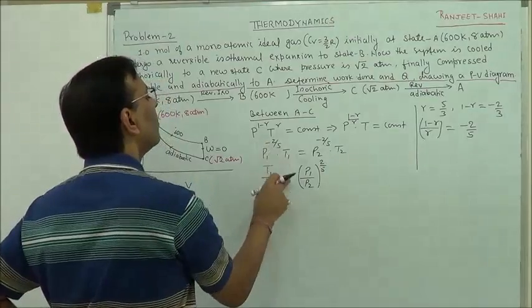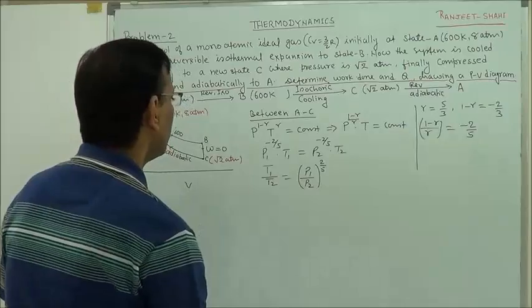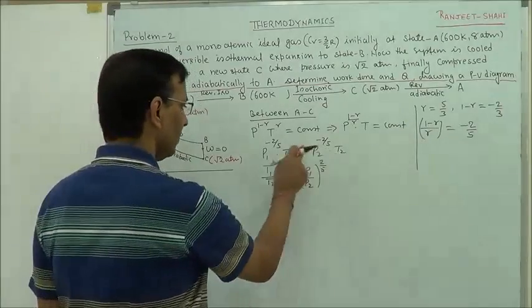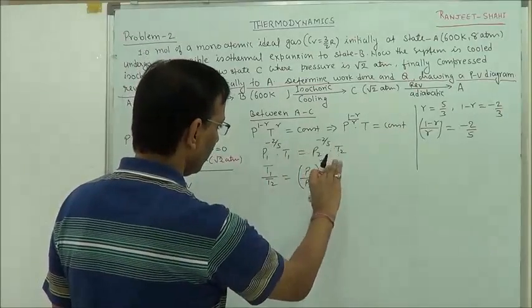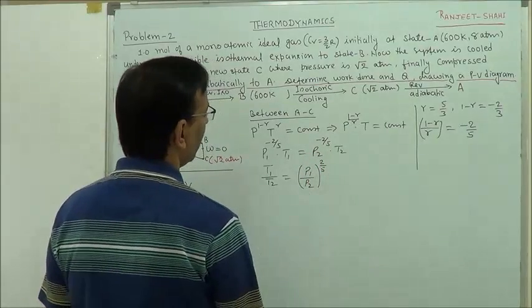I have taken P1 and P2 in the denominator and then cross multiplied. So T1 upon T2 will be this divided by this, but the negative power will become positive if we take the reciprocal.